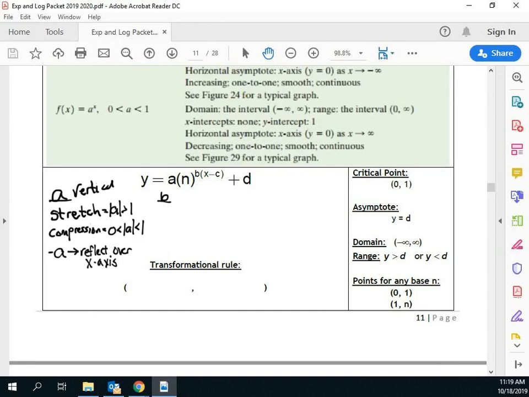B does the exact same thing as A, except now it's not vertical, but it is horizontal. So we have stretch, compression.